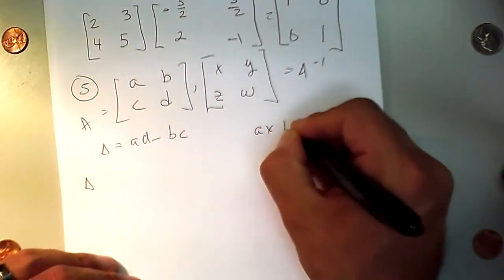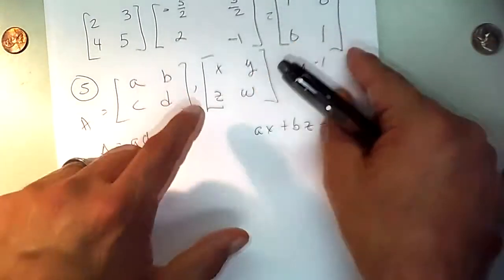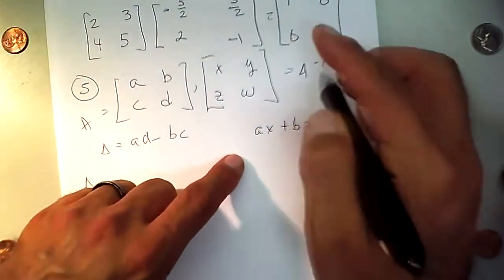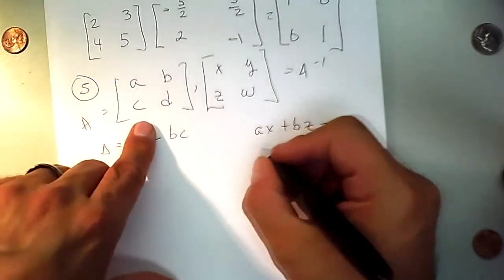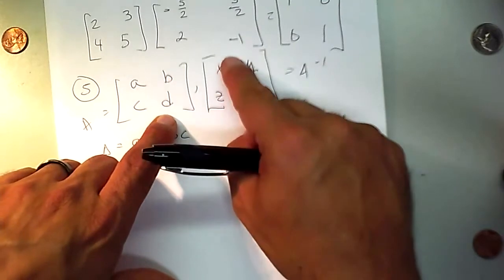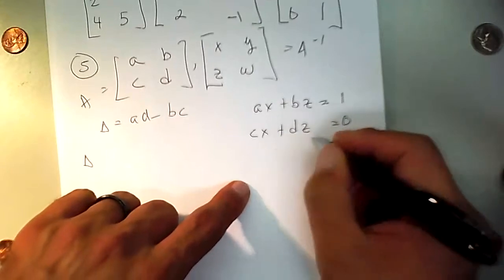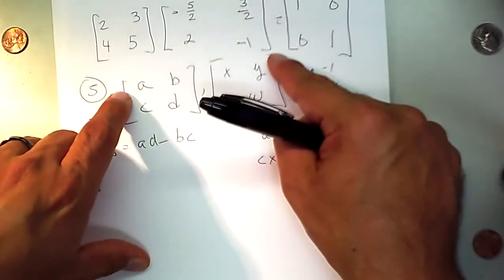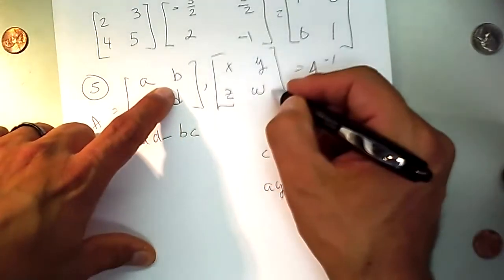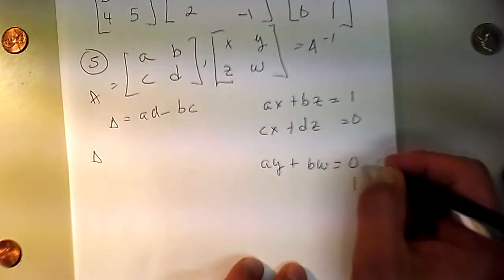So ax plus bz equals, and remember, we're multiplying to the identity, so we're going to end up with 1, 0, the first column, and then cx plus dz equals 0. Then we are going to have the second column, ay plus bw equals 0, because now we want the second column of the identity.